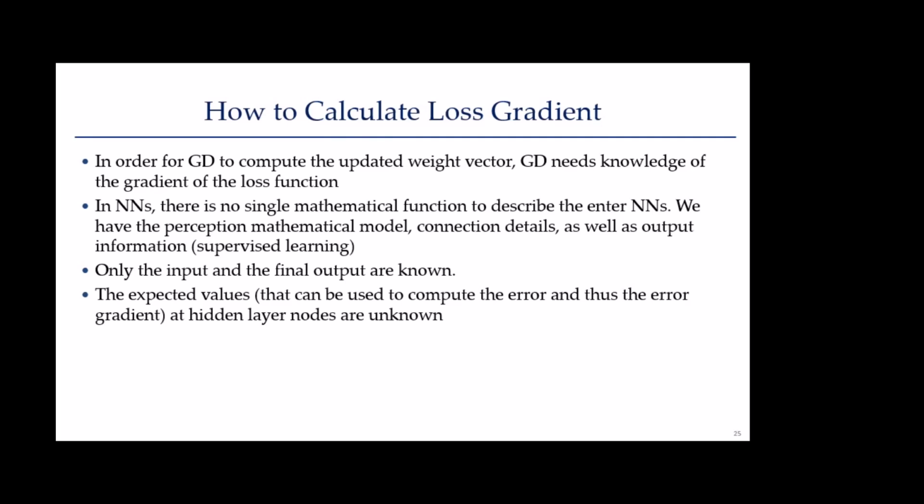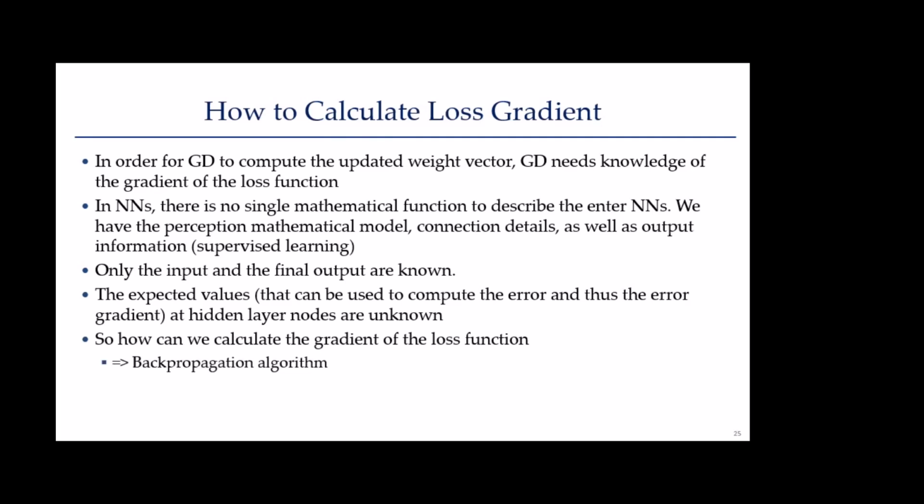We only have the input and the output nodes and the result of the output for a given input, which is provided by the label data as we discussed before. So the question is, how can we calculate the gradient of the loss function if we don't have a formula? The answer is we use a backpropagation algorithm to do this kind of calculation.